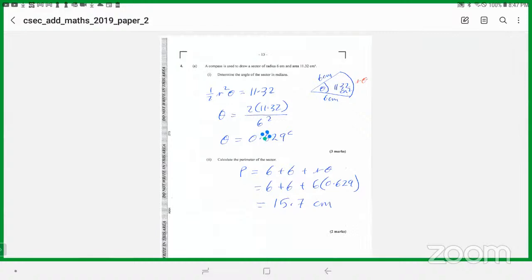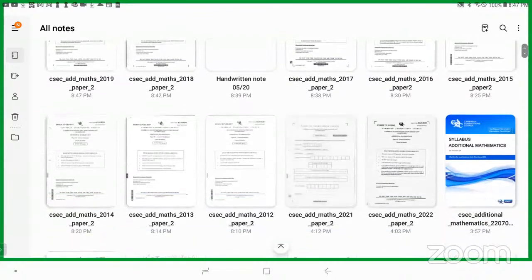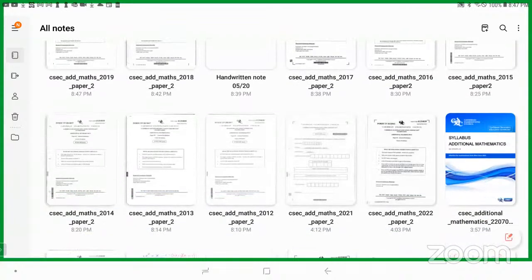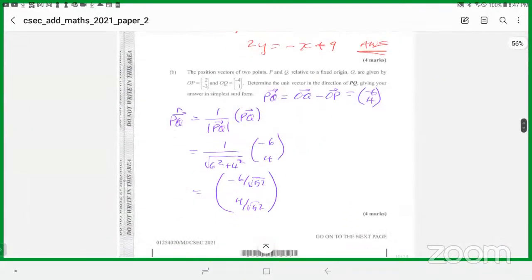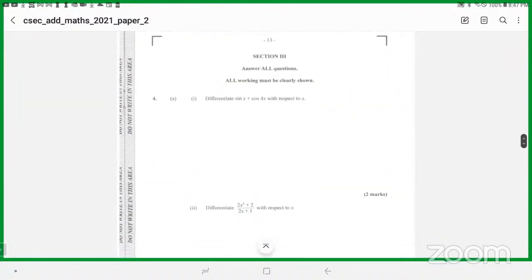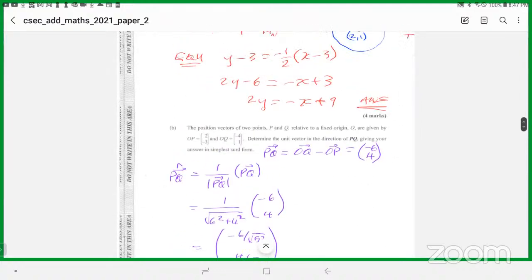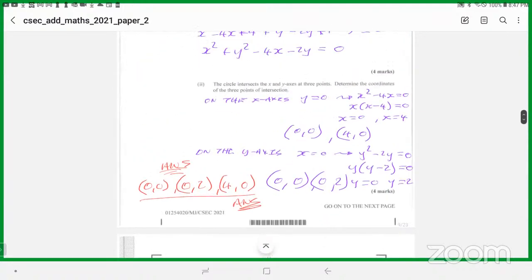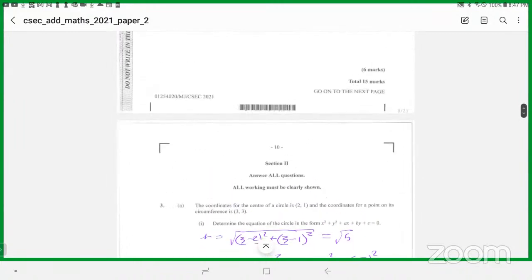2021 next. Let's go. Right here, 2021. I'm not seeing a circle question here.